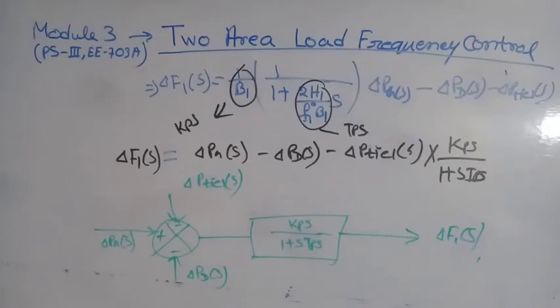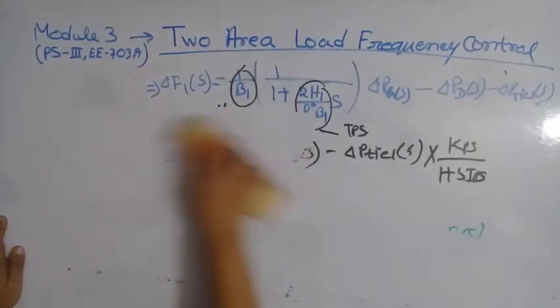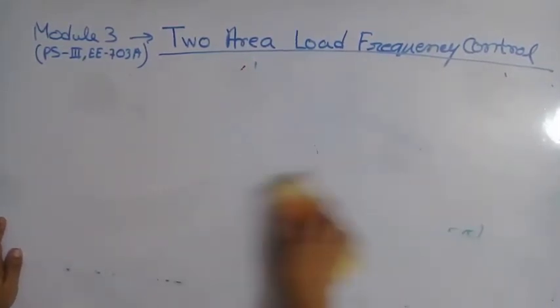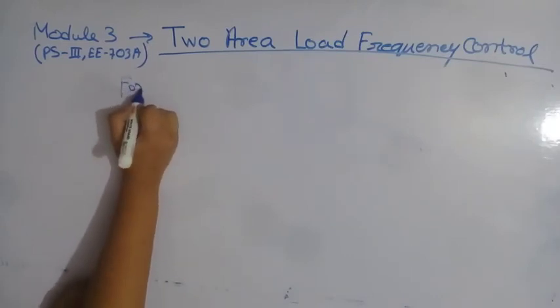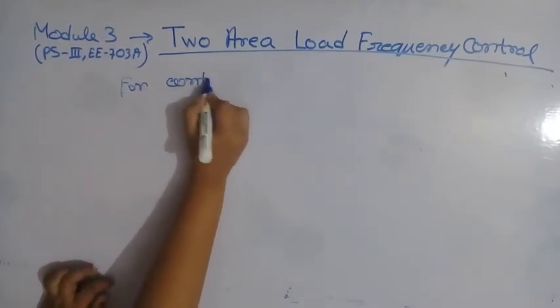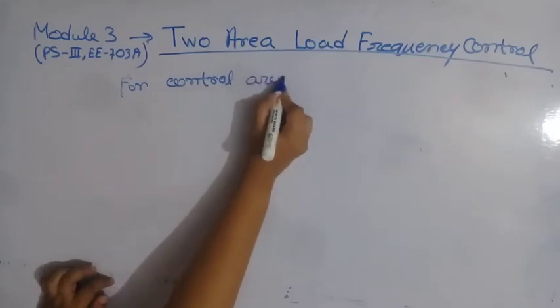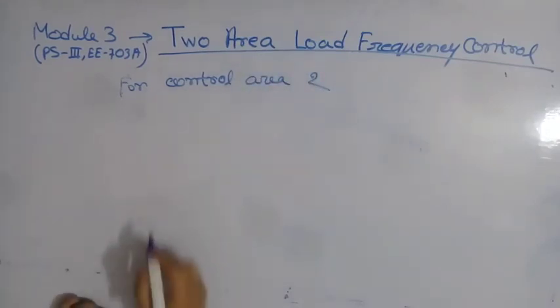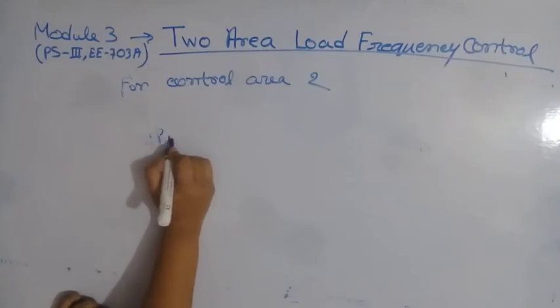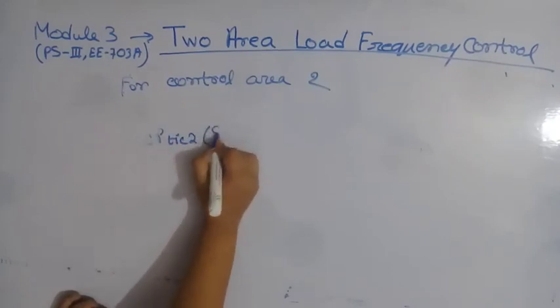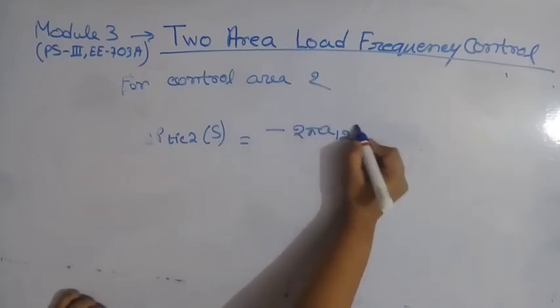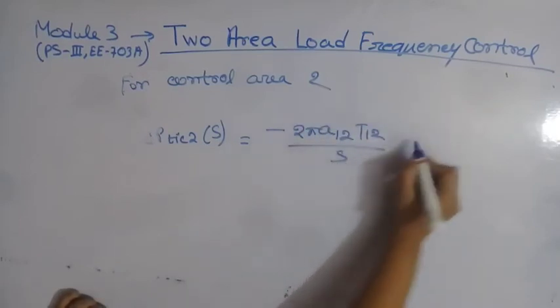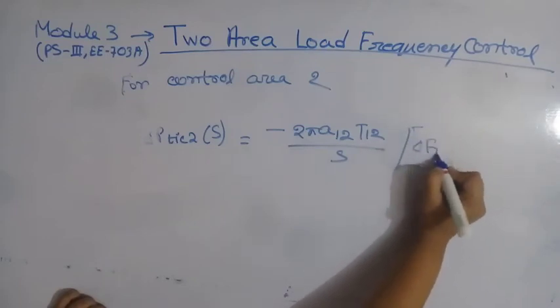Now for control area 2, delta P tie line 2s is equal to minus 2 pi a12 T12 by s into delta f1s minus delta f2s.